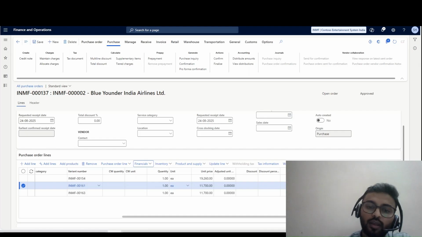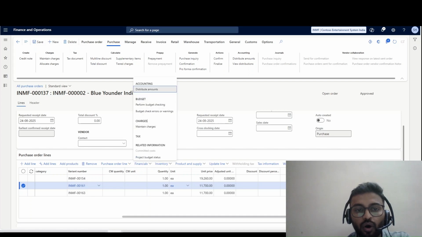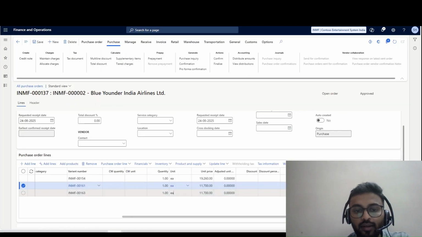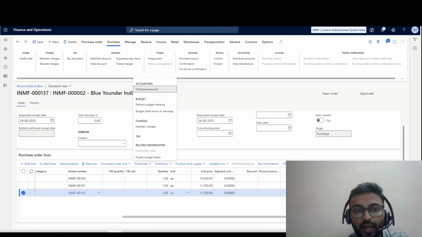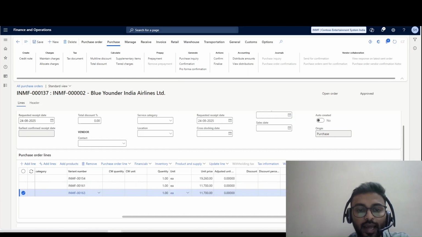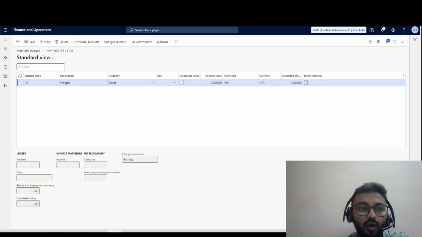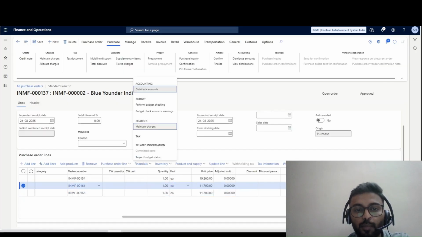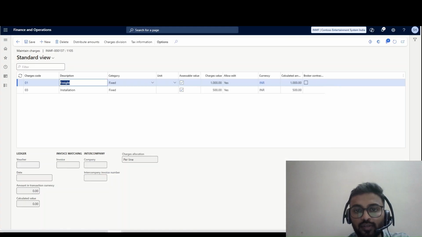So now if you see here, I have bifurcated 1,000 rupees from the header, and I have allocated 1,000 rupees to all lines, right? And there is one charge which is only applicable to line 2. So what I have done, I have manually added maintain charges into this second line.